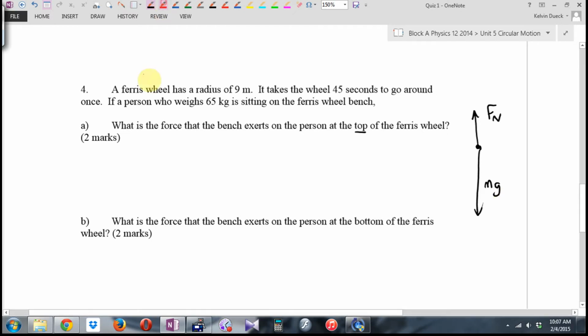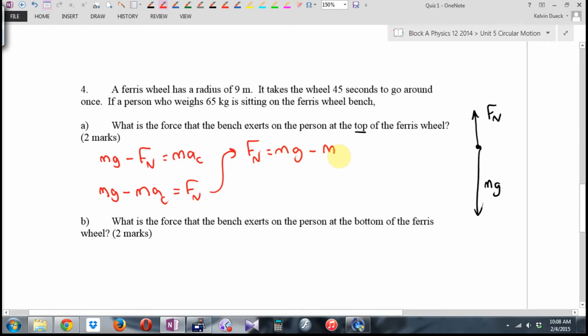So my equation here is going to be gravity minus normal force equals m a_c. It's going to be mg minus m a_c equals the normal force. So the normal force is going to be mg minus m, they gave me the period, 4 pi squared r over T squared.